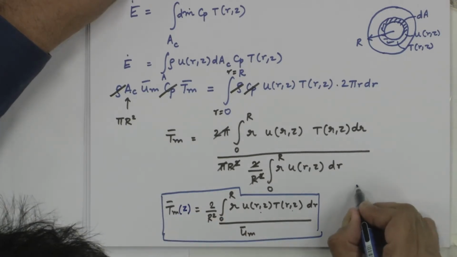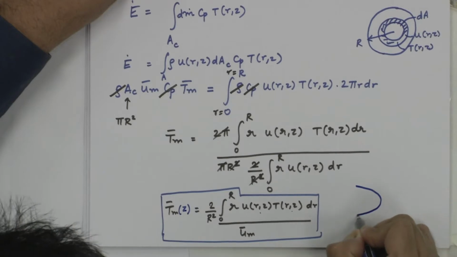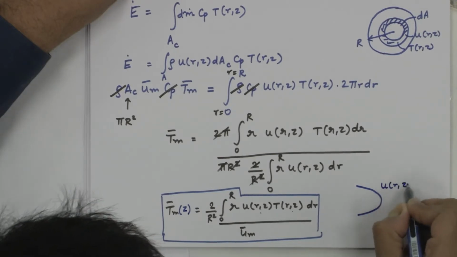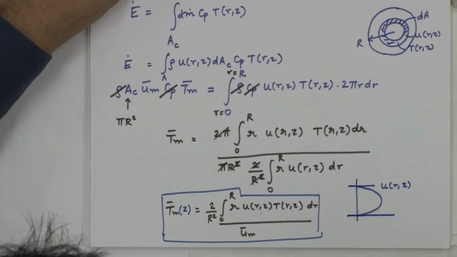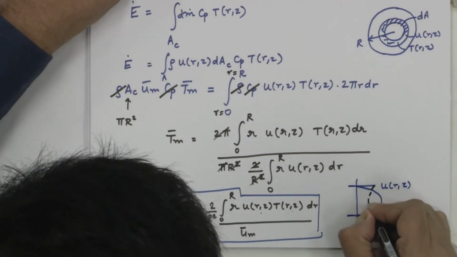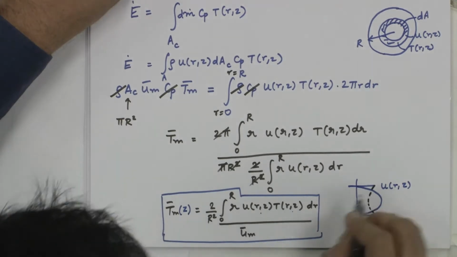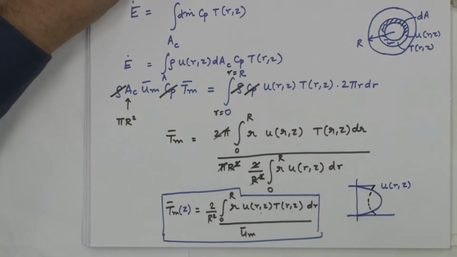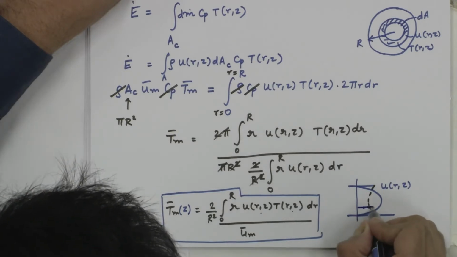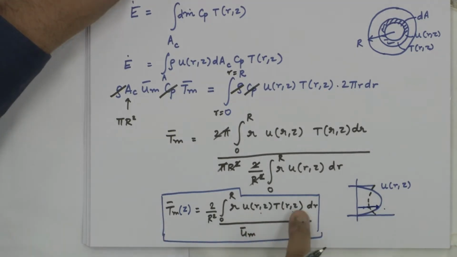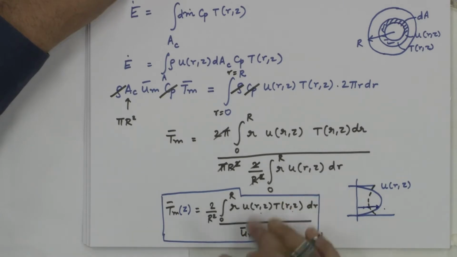I have a velocity profile u of r comma z. I have a temperature profile which is given by this. The product of this is u into T. So, at every r z location, I take the velocity, I take the temperature, multiply that into r, integrated.